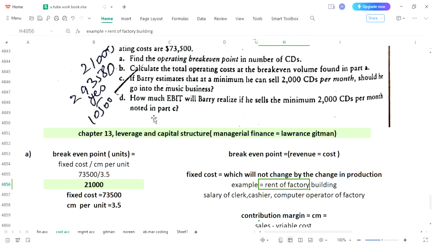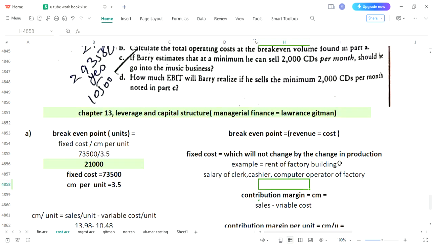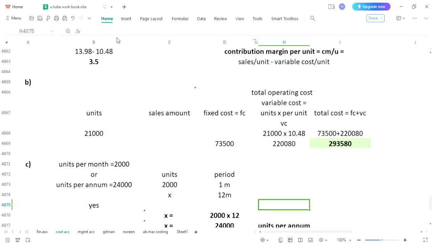Now let's review the question. There were 4 points we were asked to calculate. Break even point in terms of units, 21,000 was the answer, and we have calculated 21,000. Then for point B, we were asked to calculate break even total operating cost. Here is your B point, 293,580 was your answer. The second part was solved, and for the third part you have said yes.